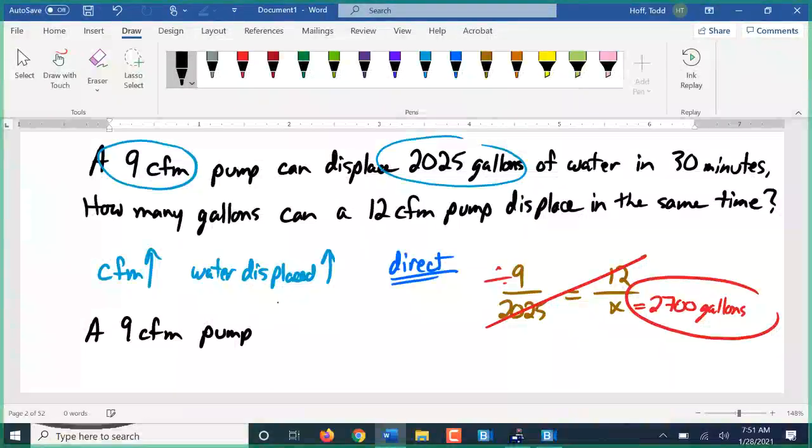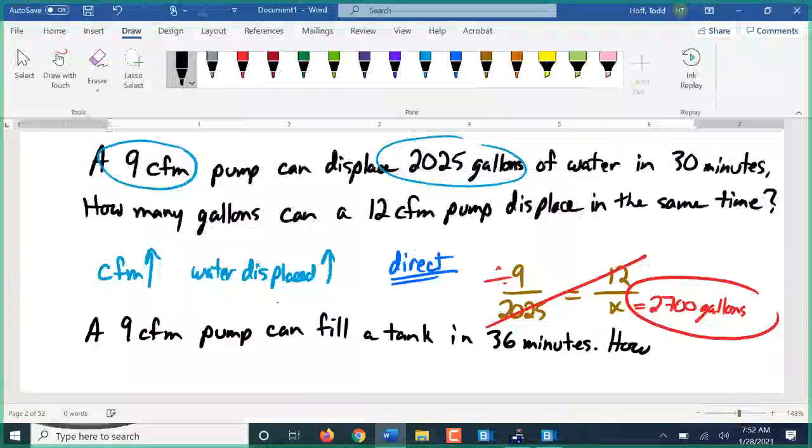Look at a situation that looks very similar, but actually is quite different. We have a 9 CFM pump that can fill a tank in 36 minutes.